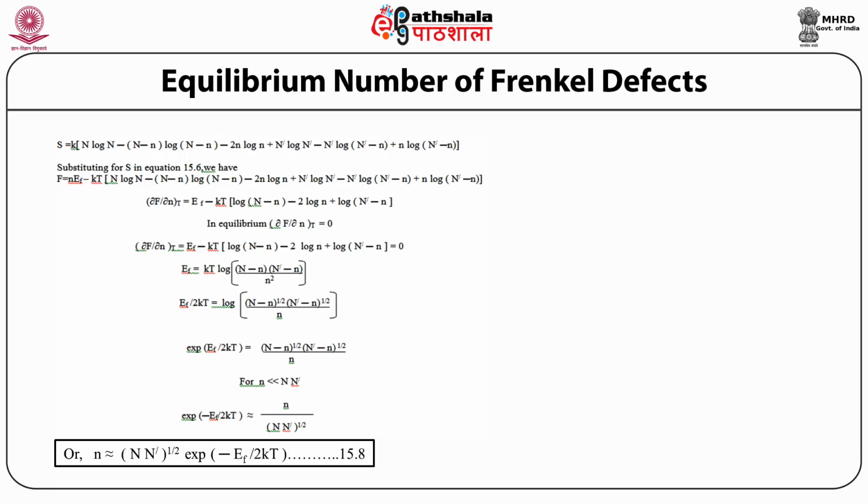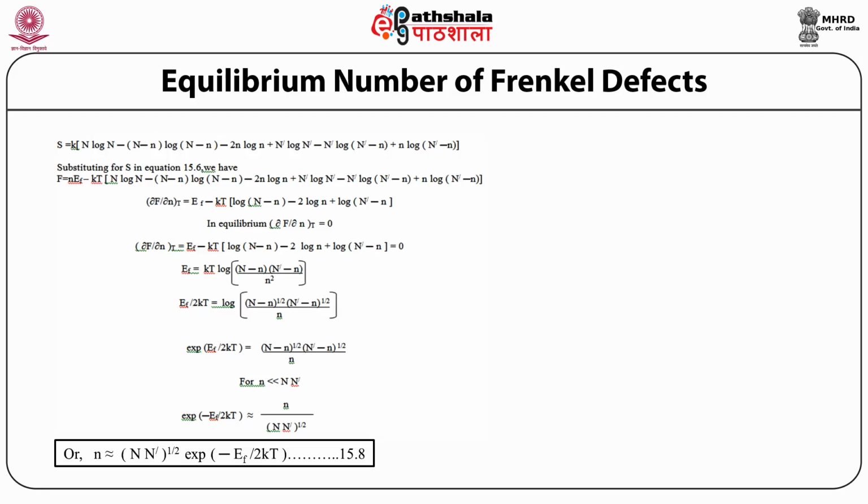Substituting for S in equation 15.6, we have F is equal to nEF minus kT into the same bracketed expression.